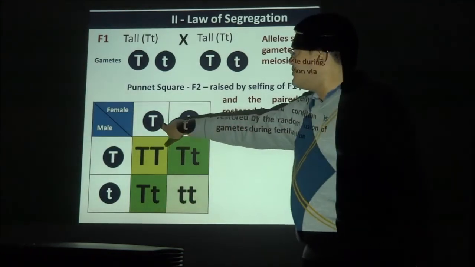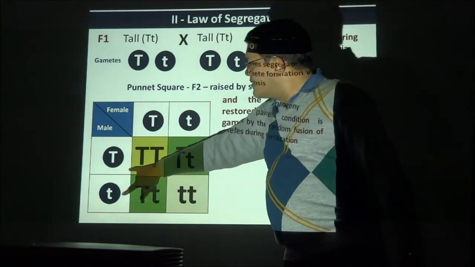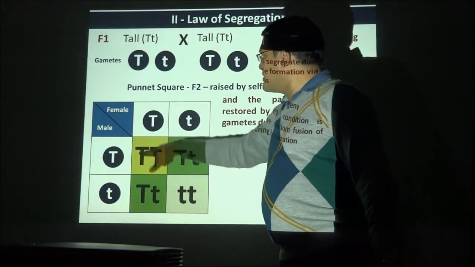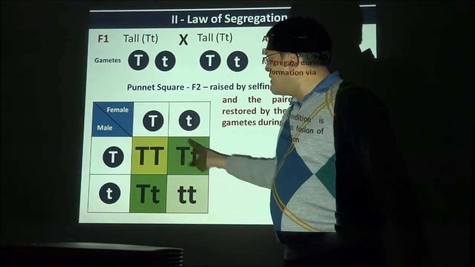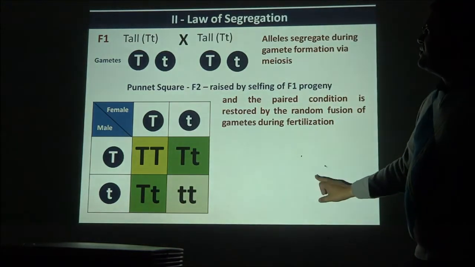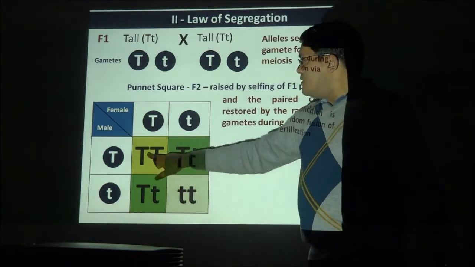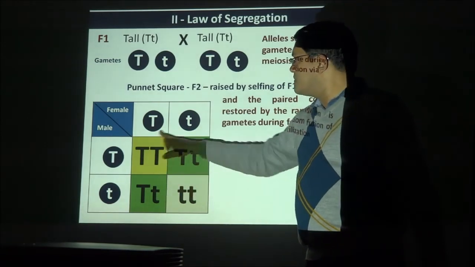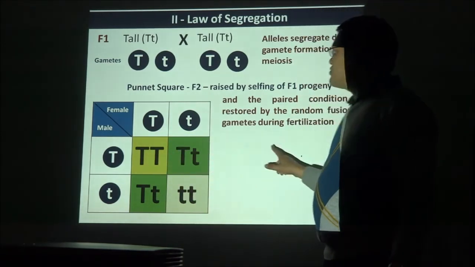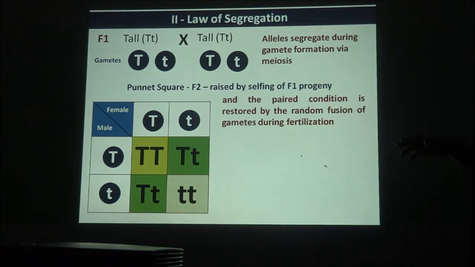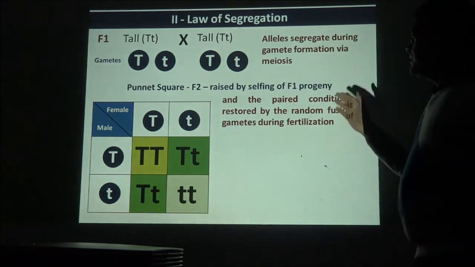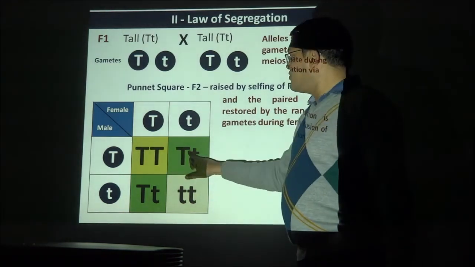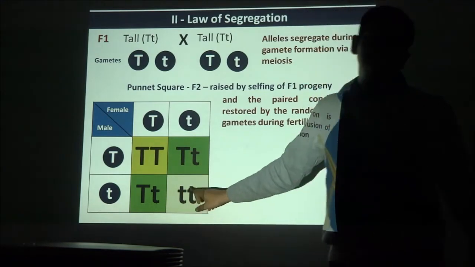These are gametes from the female plant, these are gametes from the male plant, and when they fuse together, they give you this distribution in a Punnett square. Here you see homozygous tall, homozygous dwarf, and heterozygous tall. If you look at the phenotype, this is a 3:1 ratio, tall versus dwarf, and if you look at the genotype, this is 1:2:1.